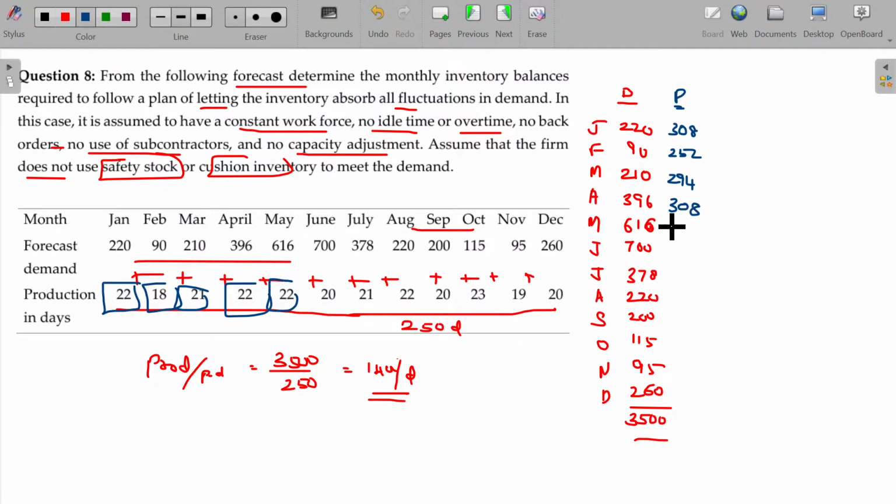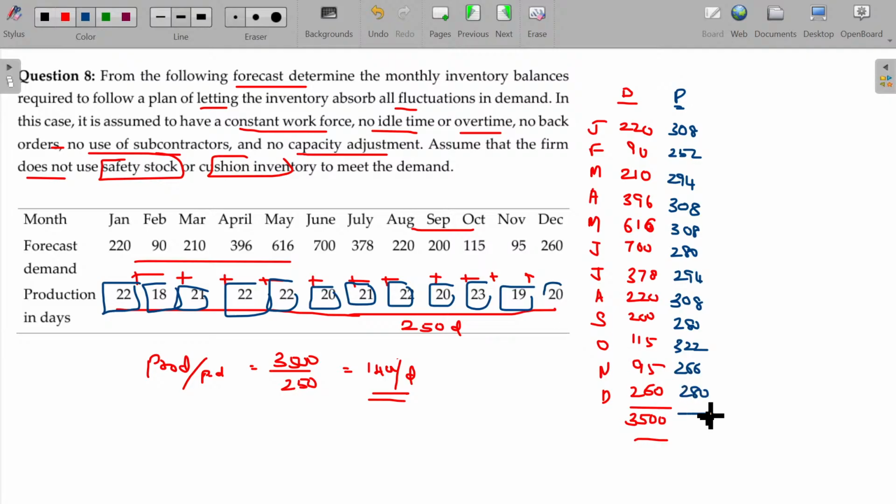Again 22, 308. 20 days, 280. 21, 294. 22, 308. 20, 280. 23, 322. 19 days, 266, and 20, 280. Also matching. What you plan to produce is equal to the demand.